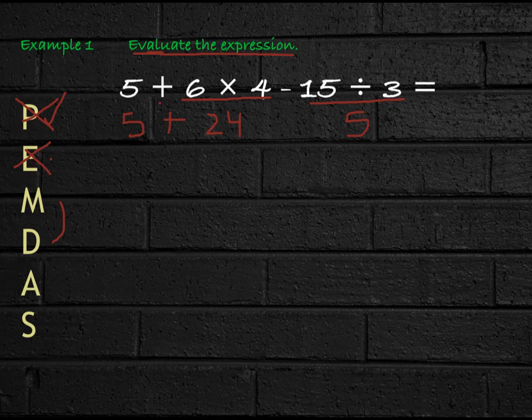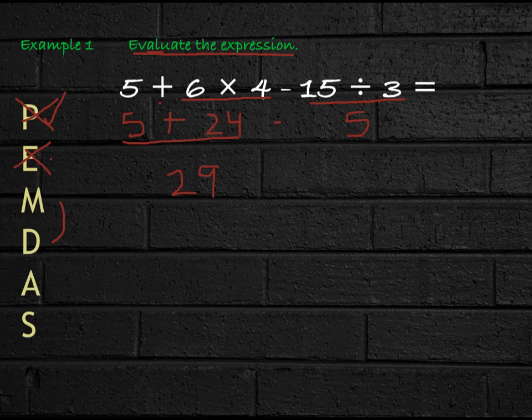Now we can just copy the rest of the problem down. We can copy the 5 plus, and we can copy the subtraction sign right here. Now, you can see here that we now have two problems. We have an addition problem right here, and we have a subtraction problem here, so we're going to do them in the order that they occur, starting on the left.